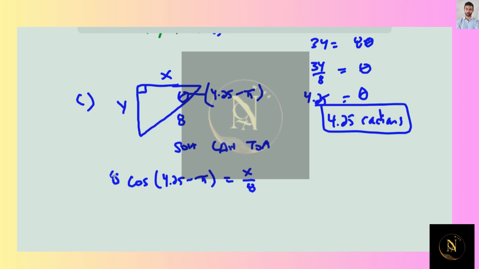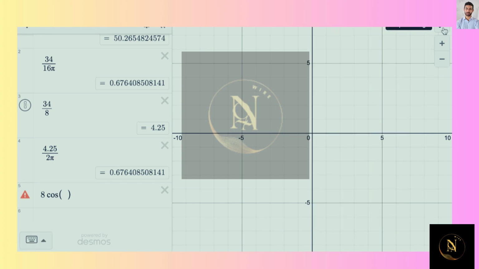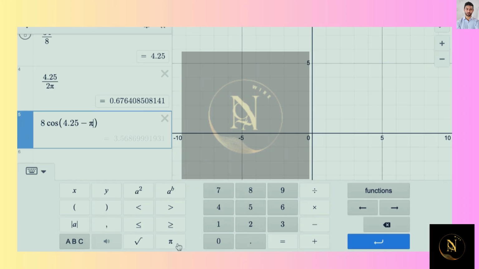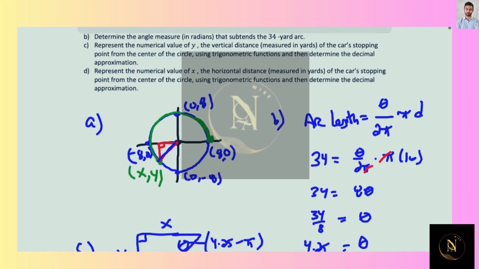So it's 8 cosine of 4.25 minus pi. Make sure you're in radian mode. Let's say 3.57. That would be the numerical value of x.